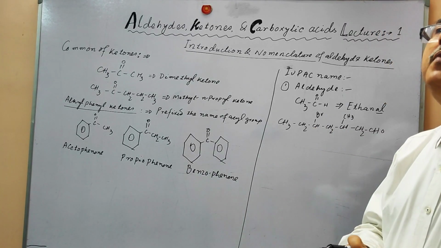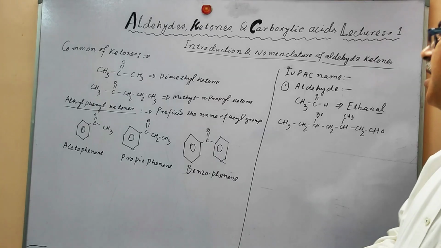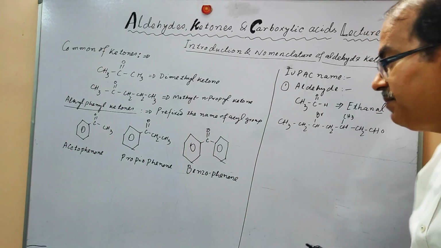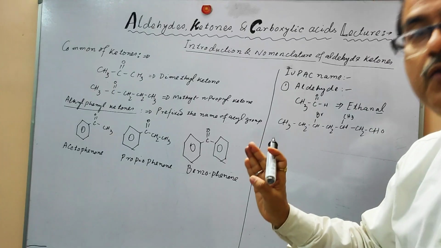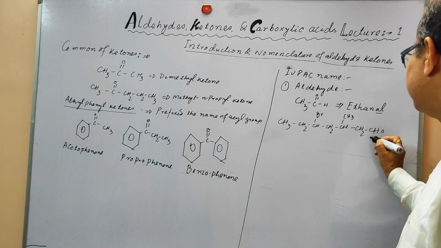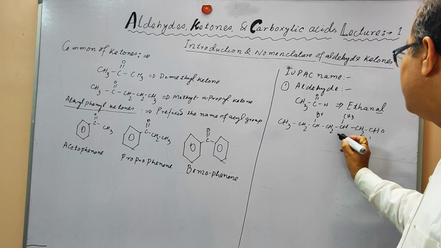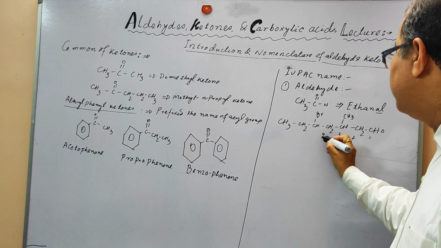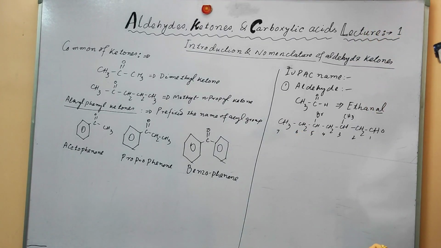For that we have to number the carbon atoms. From where do you number? You number from the carbon atom of the aldehyde group. The carbon atom of the aldehyde group is this, so you number from here: 1, 2, 3, 4, 5, 6, 7.